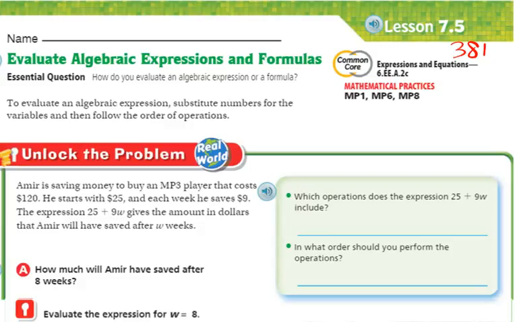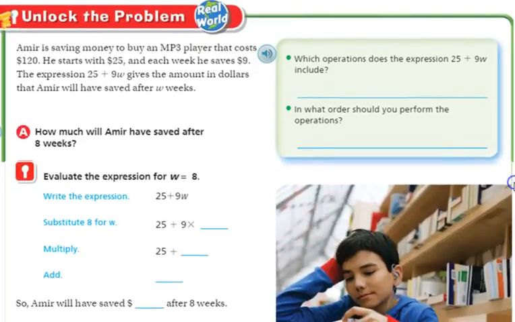So how do you evaluate an algebraic expression or formula? We're going to be going through a process of substitution and following the order of operations. To evaluate an algebraic expression, we will always substitute numbers for the variables and then use our order of operations to solve. You're going to see a pretty clear-cut process.